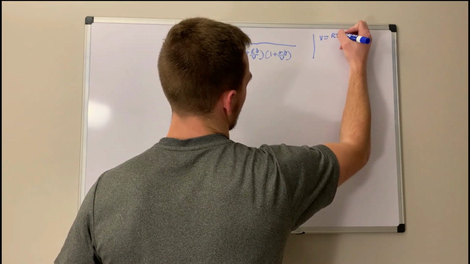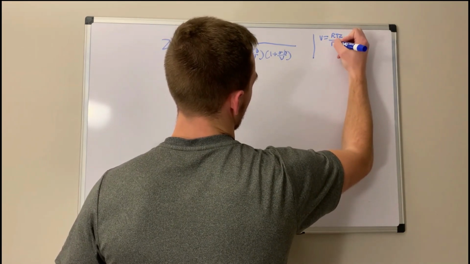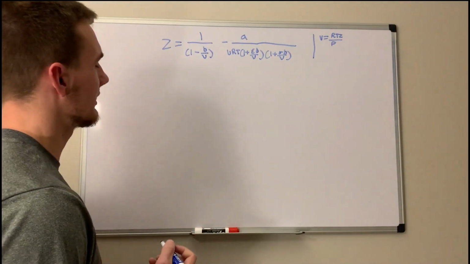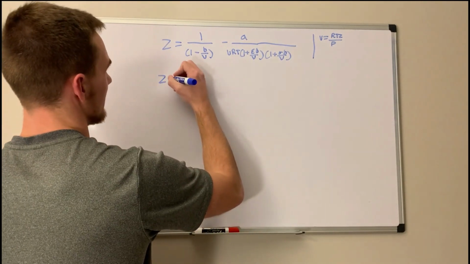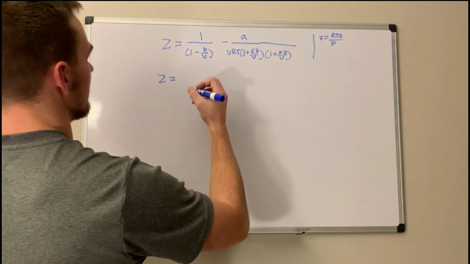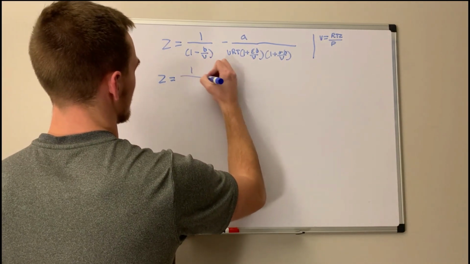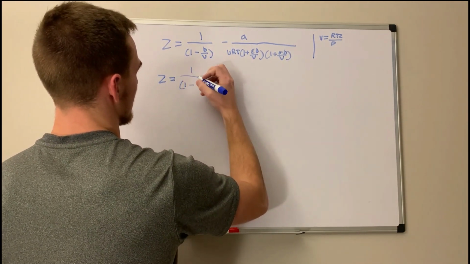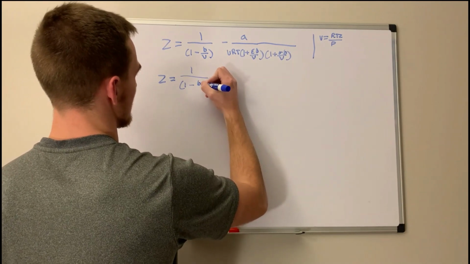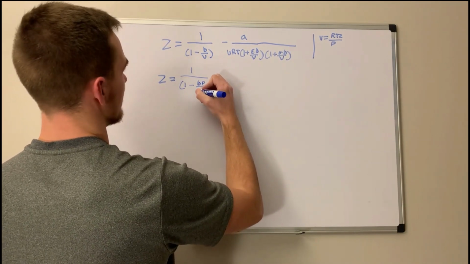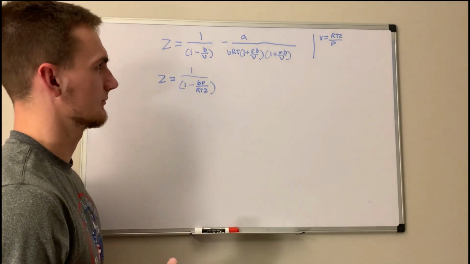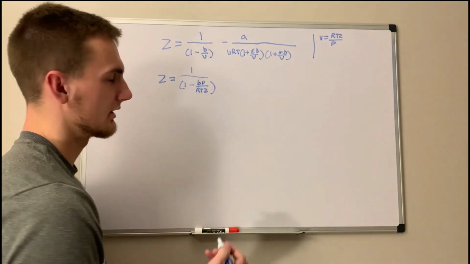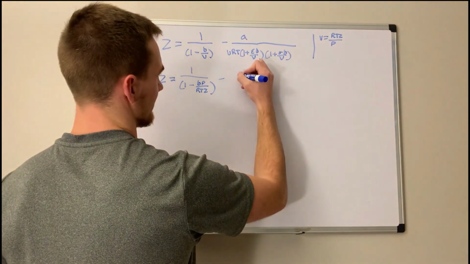So we have RTZ over P. And if we go ahead and plug that in, we will be left with Z equals, let's see here, 1 over 1 minus BP. Flipping that, we will have over RTZ, so just flipping that fraction in the denominator there. And we'll have minus A.